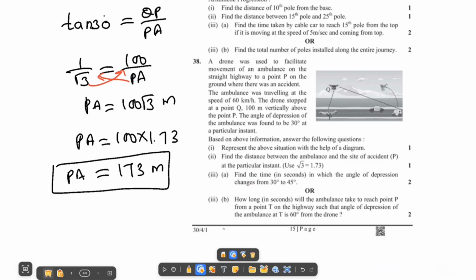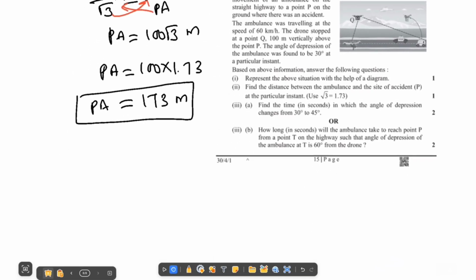Then only we will know the time taken. So let us redraw it.